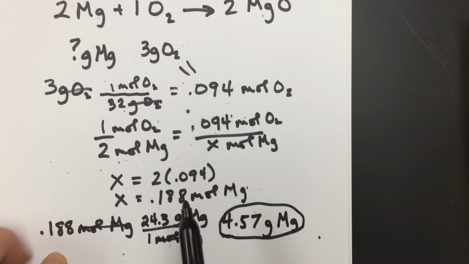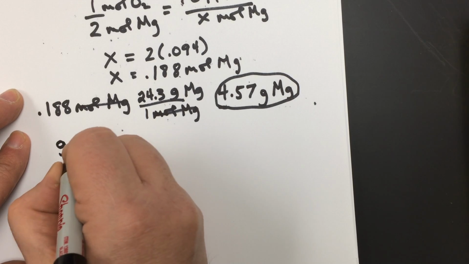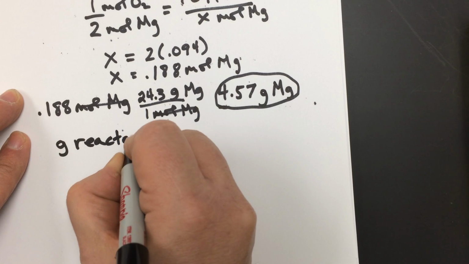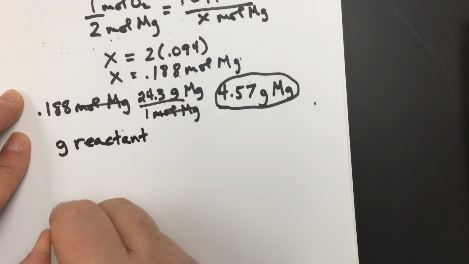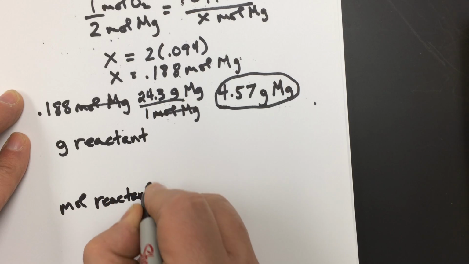So you're always going to go from grams of reactant, or grams of whatever you were given, into moles. We'll call it the reactant.